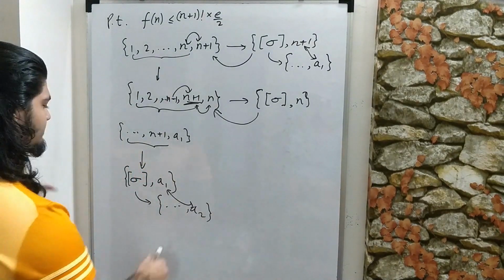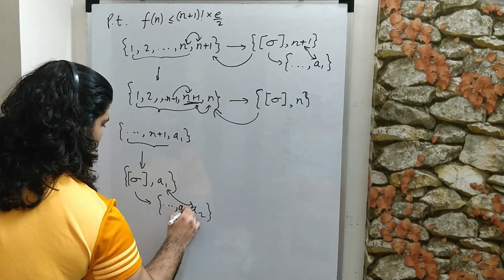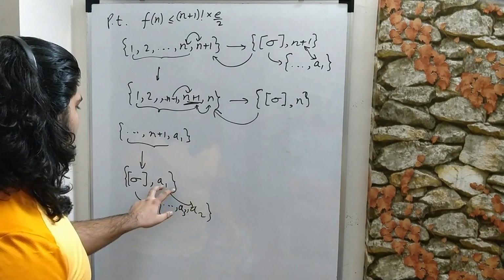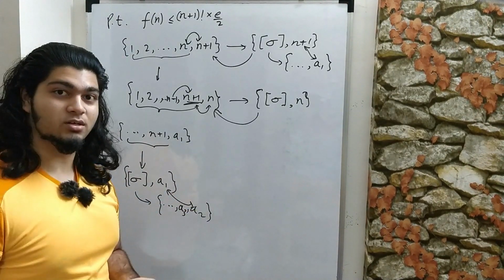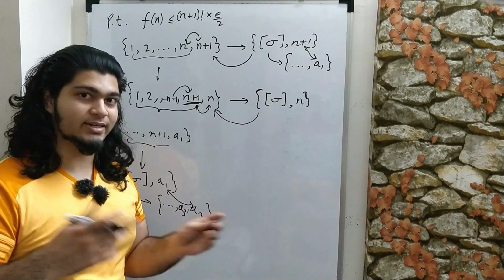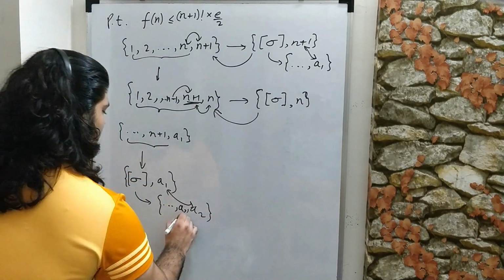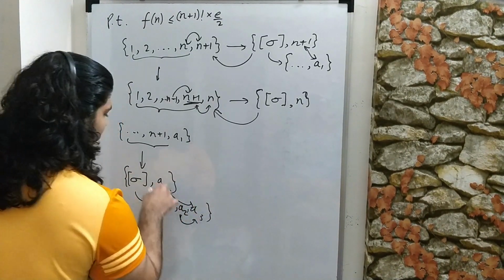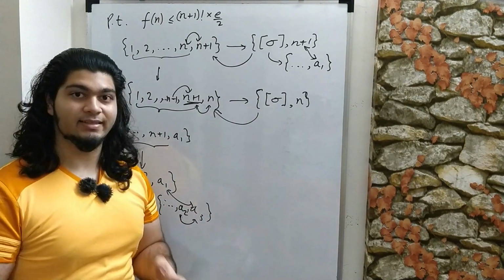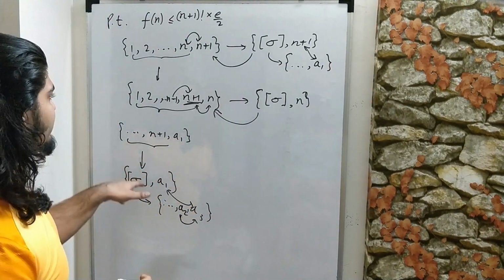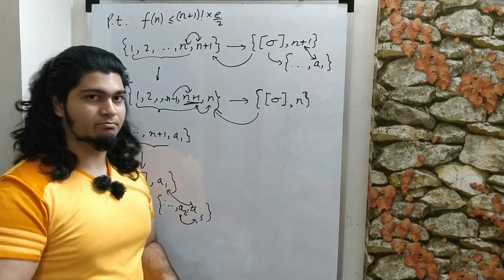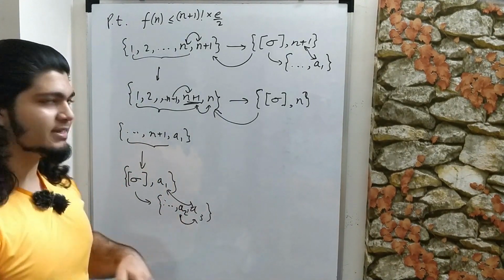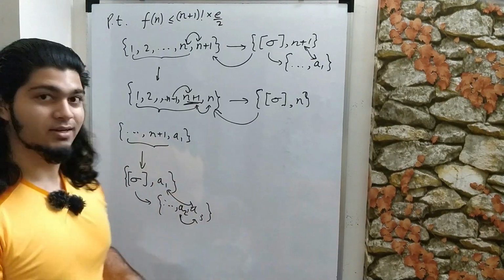So what we need to do is we also need to look at the second last element of sigma, which is a3. So in case a2 is not n plus 1, we can just switch a1 and a2, and in case a2 turns out to be n plus 1, which is a bad scenario but it is possible, so we have to cover it, we switch a3 with a2 so that we end up with a2 over here and a3 over here, and then we put a3 over here, and we are guaranteed that a3 won't have been covered previously because the last element has only been n plus 1 or a1, and since we know that a2 is equal to n plus 1 in the worst case scenario, a3 can't be n plus 1, and hence if we put that over here, then we are done.